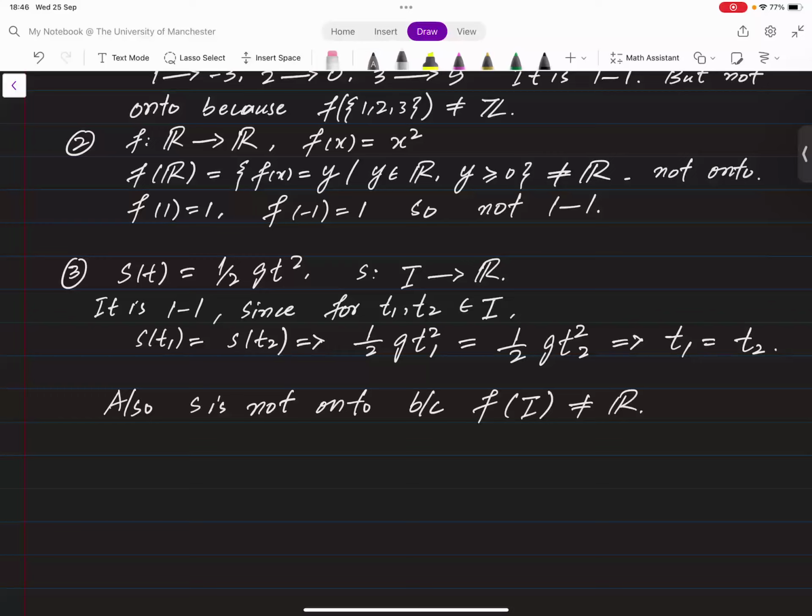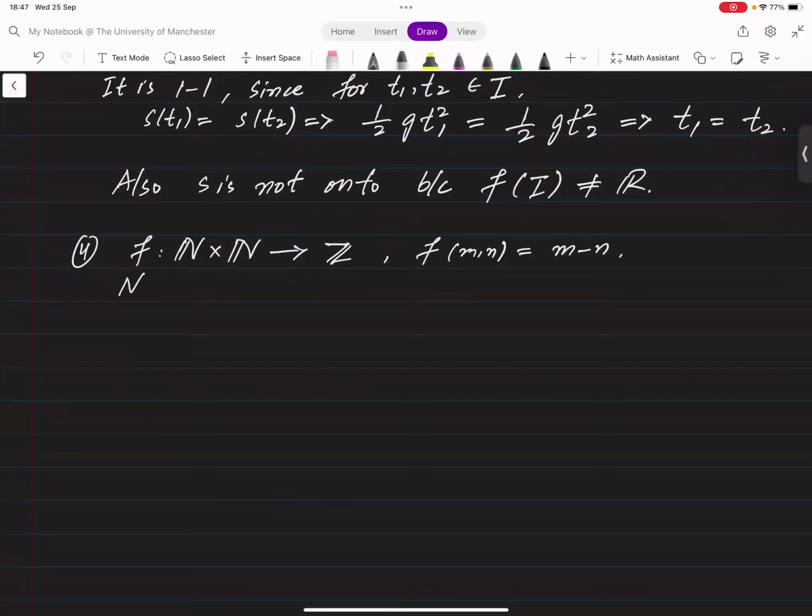Okay. Number 4. Number 4 function is that we are taking the ordered pairs from natural numbers and sending them to integers by the rule that we take m, n from there and we get their subtraction. Now see, number 4 is not onto, but it is 1-to-1.